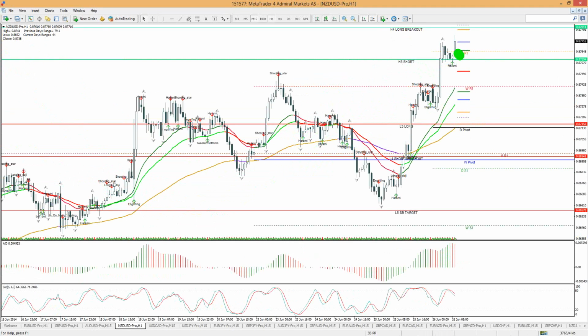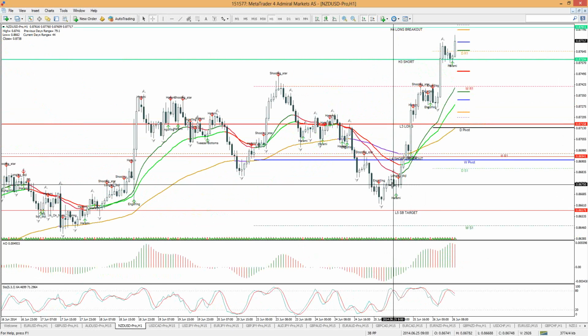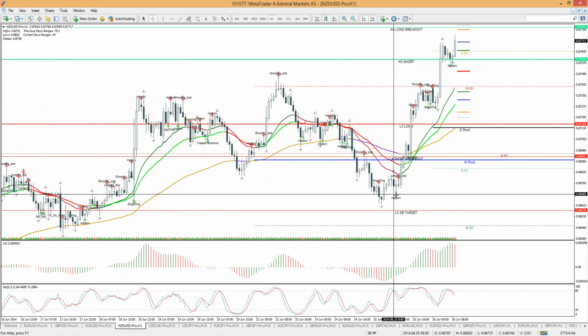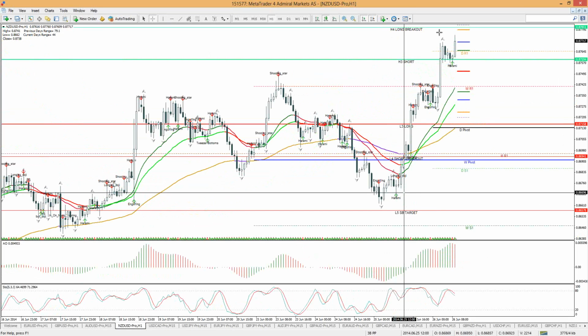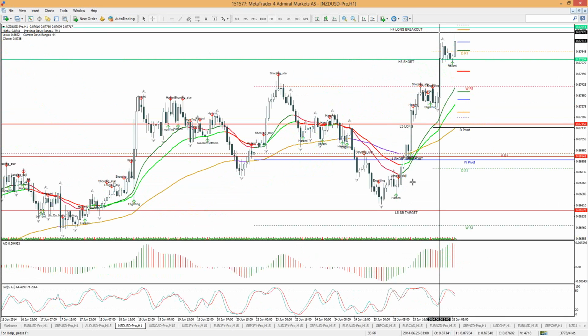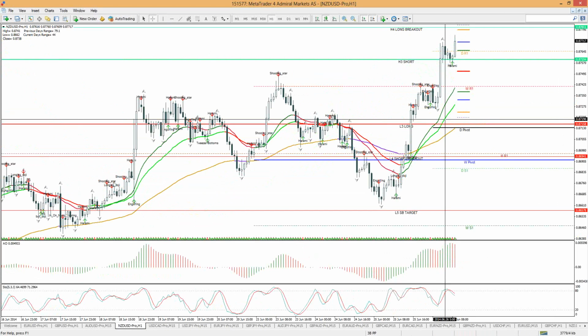Kiwi had a Harami right there within this uptrend. Why is it uptrend? Very strong moving averages. We were looking at the Kiwi yesterday too and said that was a bouncing spot as well. That actually worked out even more. That flew up a lot more than the Aussie, in fact. So that was also the reversal spot.